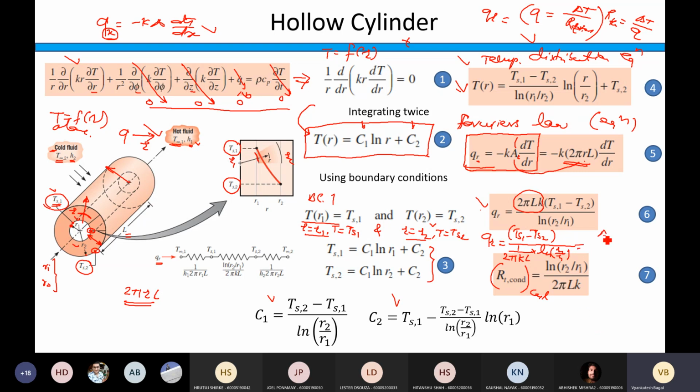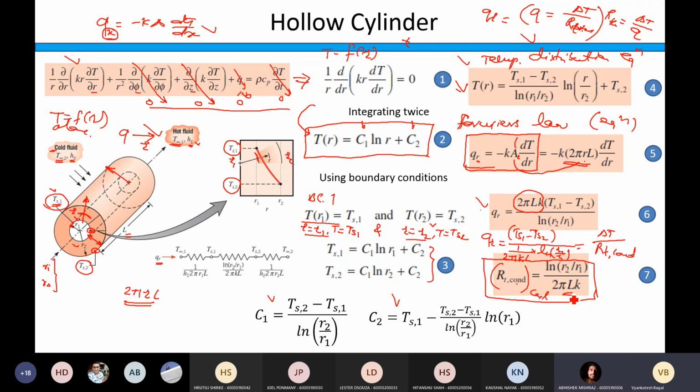So this is delta T divided by R thermal resistance. This is how this term is written. So the thermal resistance due to conduction for the cylindrical system is equal to ln r2 by r1 divided by 2 pi K L. Is it clear?